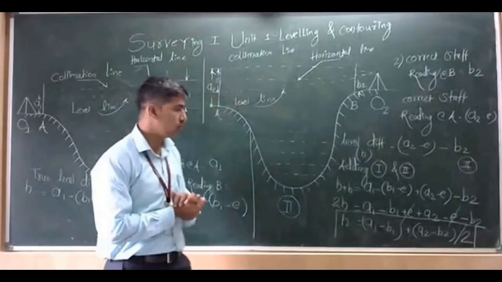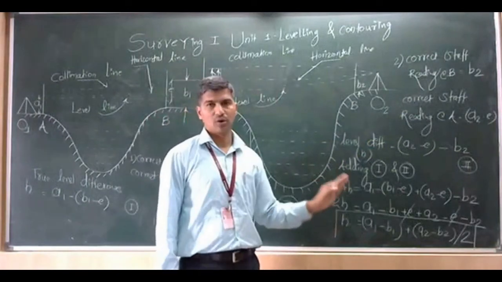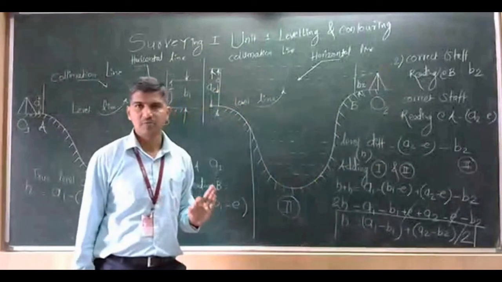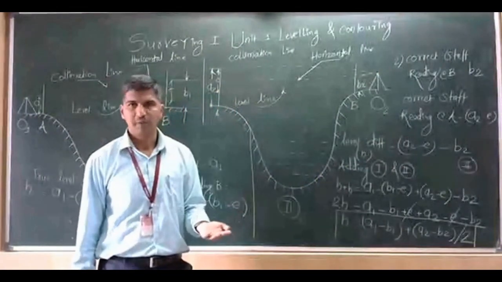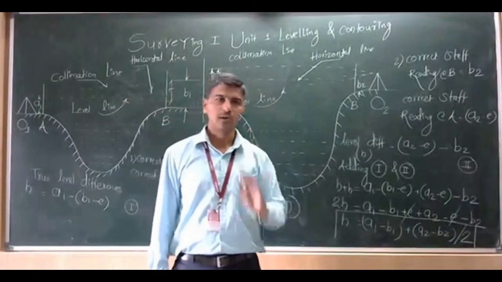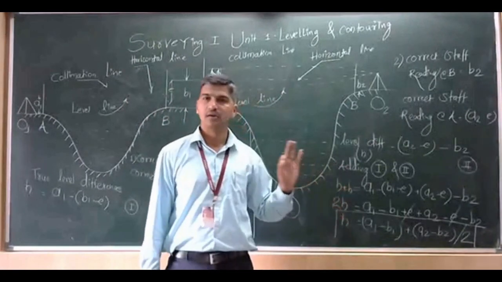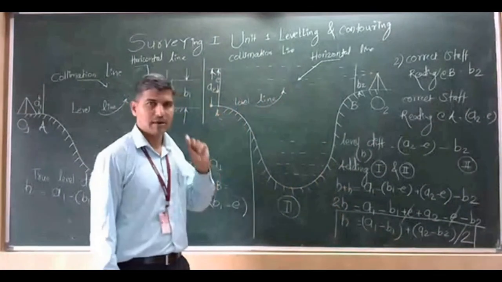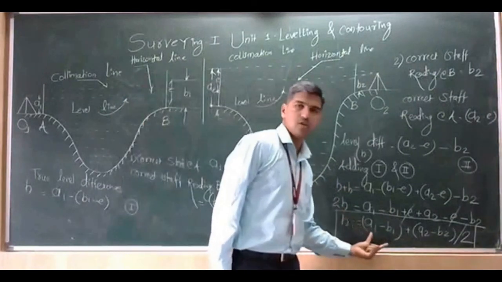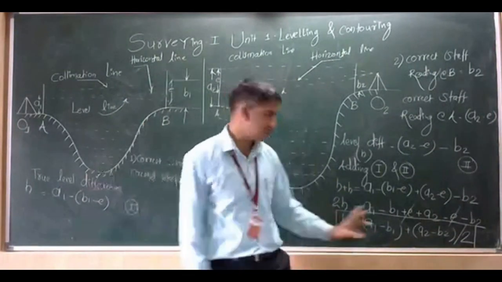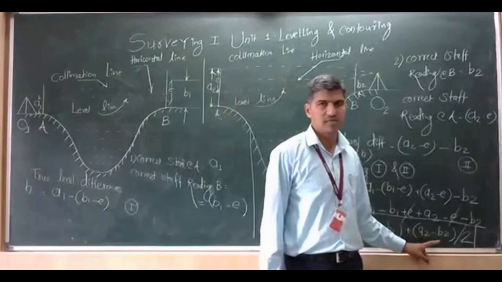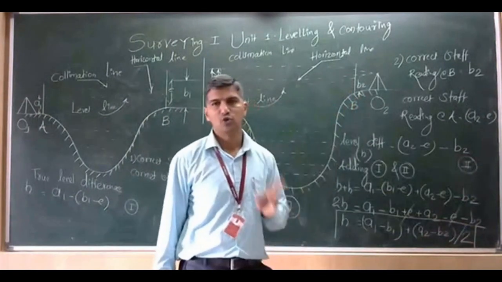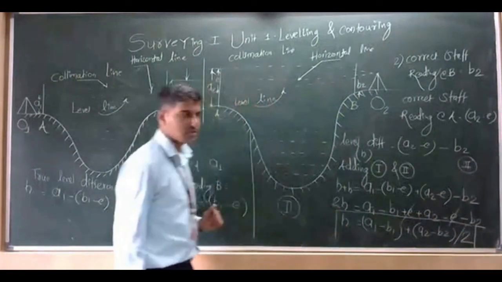And hence, we can prove that by using reciprocal leveling, though your instrument is not in permanent adjustment or the line of collimation might be inclined upward or downward, we can still get the required level difference by just taking the difference of the two readings for case 1 plus the difference of the second two readings, and just dividing by 2, you will get the required result.